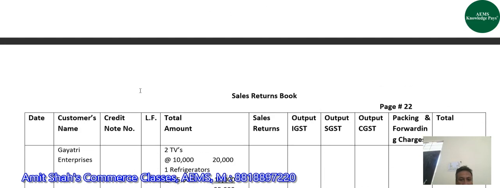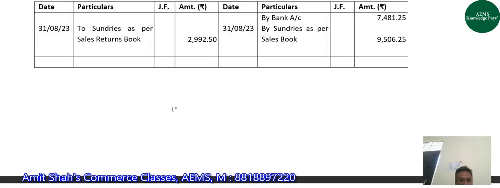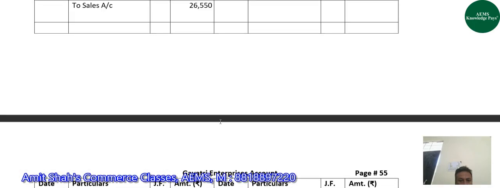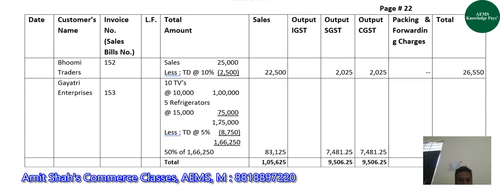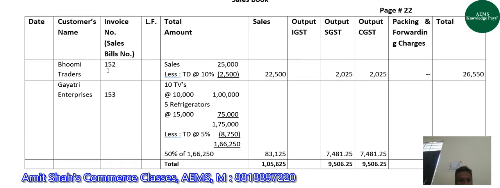So the total amount of goods that we sold to Bhumi Traders are how much? Of 22,500. On 30% of goods, we have given rebate. It means 30% of the goods that we sold may be defective. And because of that, on 30% of goods, we are giving rebate of 10%. मतलब 30% गुड्स जो खराब था उस पे हम 10% का उसको डिस्काउंट दे रहे हैं एक तरह से, मतलब 10% से उसकी प्राइस कम कर रहे हैं.